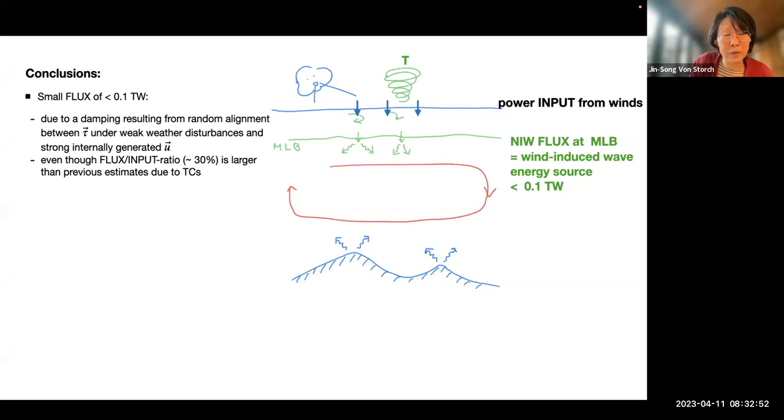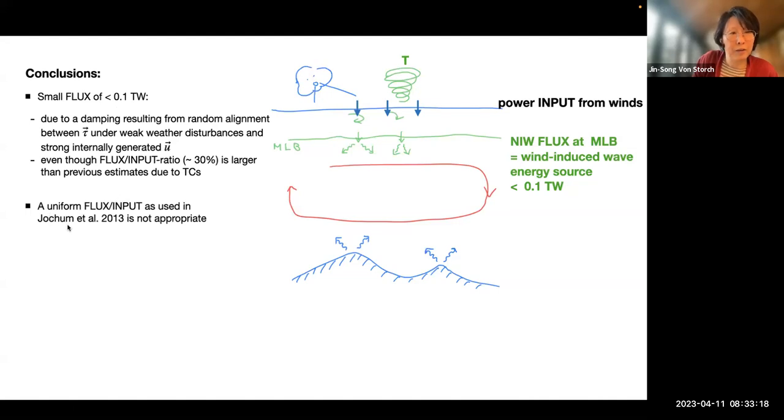In this model we have quite strong tropical cyclones, so that the flux to input ratio is quite high. It's about 30%, and in the previous estimate it's something like 11 to 17%. So it's quite strong due to the strong cyclones. But nevertheless, the overall gives us a quite small number.